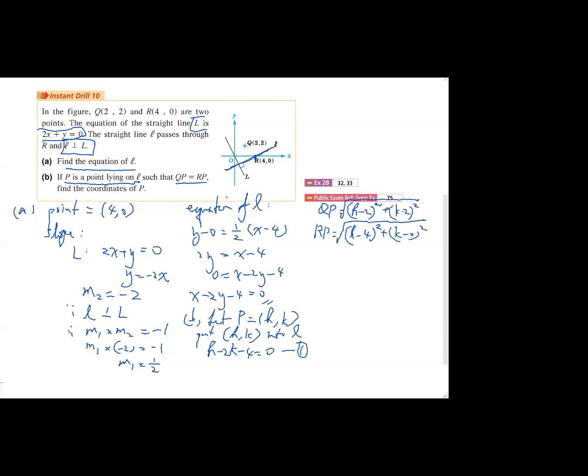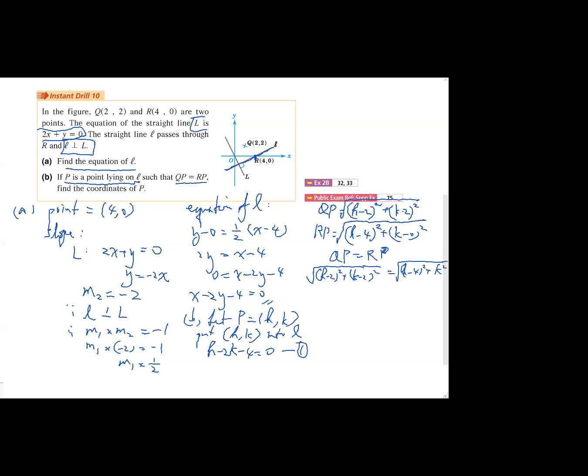Okay, and because the question tells us that QP is equal to RP, therefore these 2 square roots will be put together to be equal to each other. Okay, so H minus 4 square plus, so K minus 0 is just K, right?